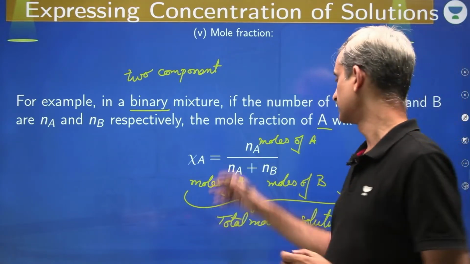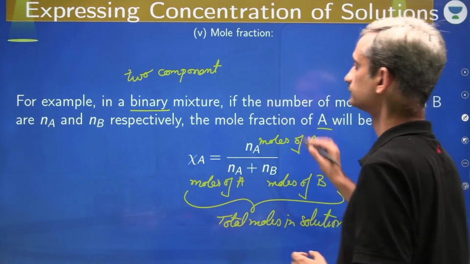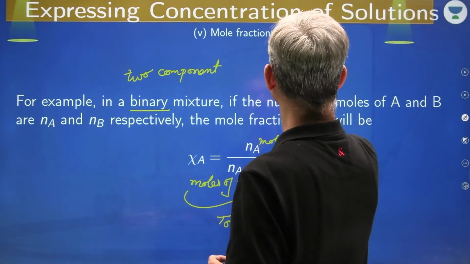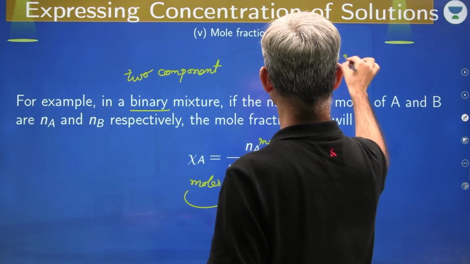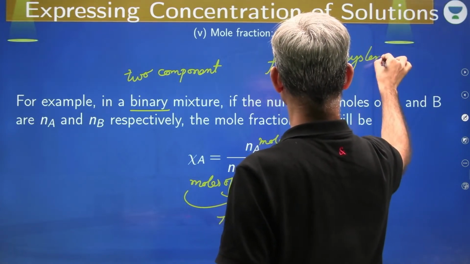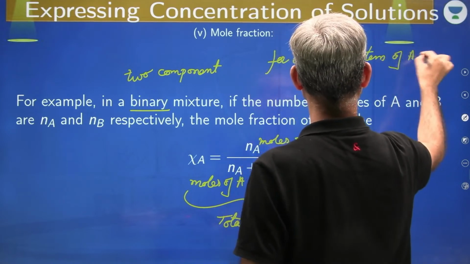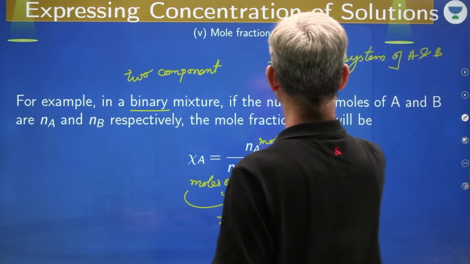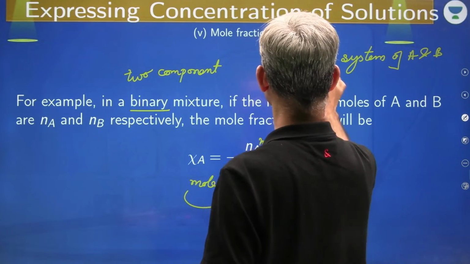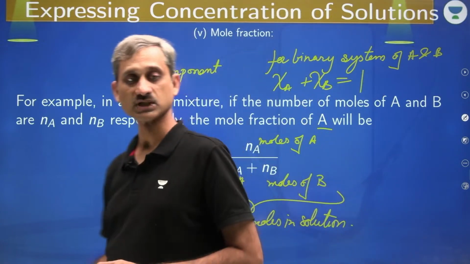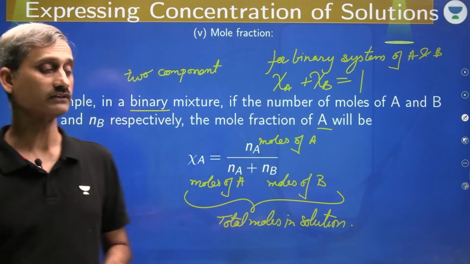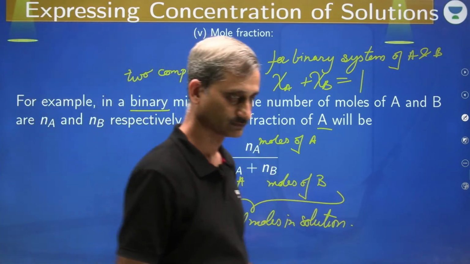Now, for a binary system of A and B, mole fraction of A plus mole fraction of B is equal to 1. That is valid only for the binary system. It is not valid for any other system.